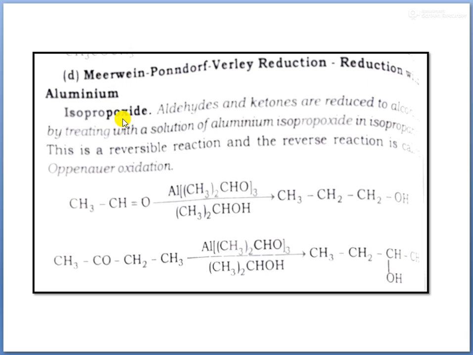Aldehydes and ketones are reduced to alcohols by treating them with a solution of aluminium isopropoxide in isopropanol as the solvent. This type of reaction is reversible, and the reverse of this reaction is the Oppenauer oxidation.